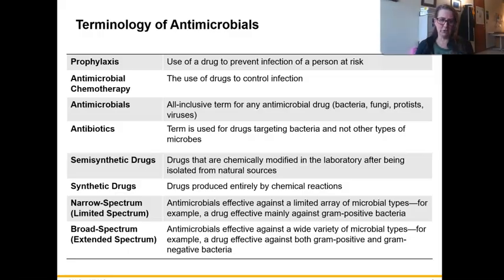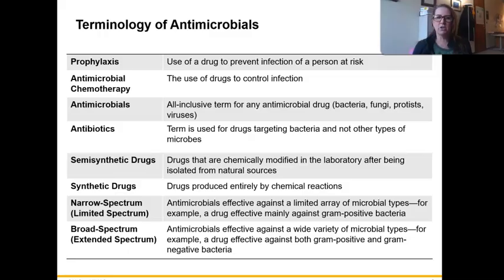Then we have narrow spectrum and broad spectrum. So broad spectrum is generally what we want to use when we're not quite sure what infection you have. So you might go into the hospital. I know from my dad's experience, he would go into the hospital. He would have pneumonia, and so they would put him on a broad spectrum antibiotic, and then they would ask him to collect some of his sputum in a specimen cup, and then they could do culture and sensitivity.